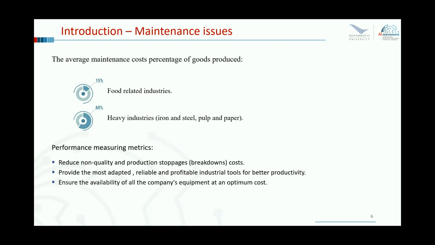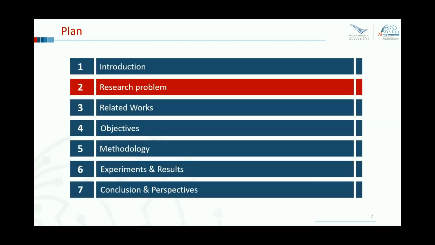So the performance of an industry is related directly and indirectly to maintenance activities. That's why industries are aiming to reduce non-quality and breakdown costs, provide the most adapted, reliable and profitable industrial tools for better productivity, and also ensure the availability of all the company's equipment at an optimum cost.